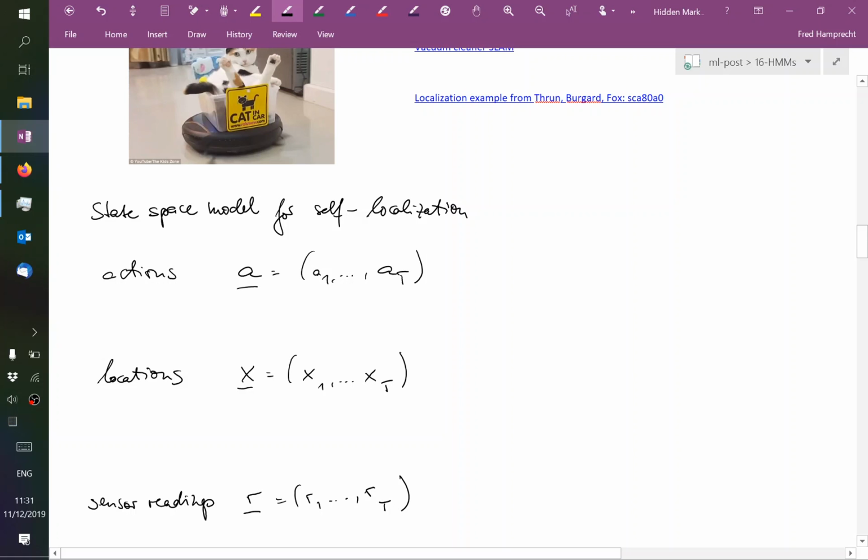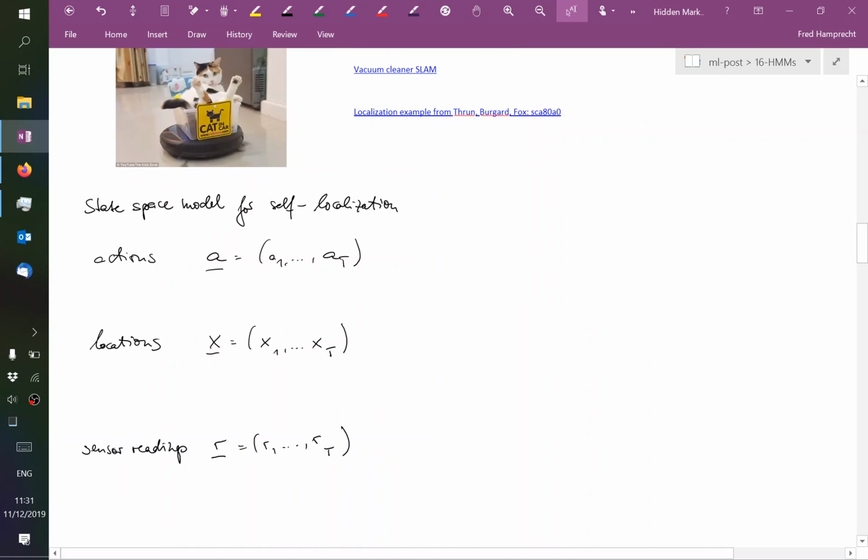All right, now for the locations, I already said the model is called hidden Markov model, so we make this Markovian assumption that where we are now, let's say at x2, only depends on the previous state, where were we in the time step before, and on the action that we've taken since.